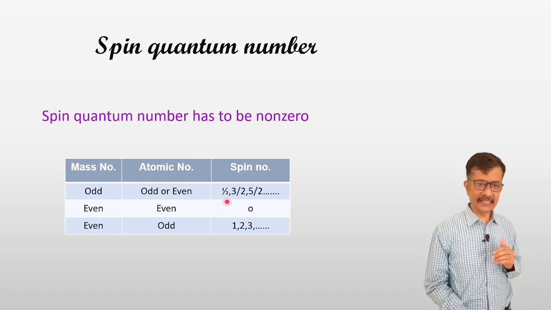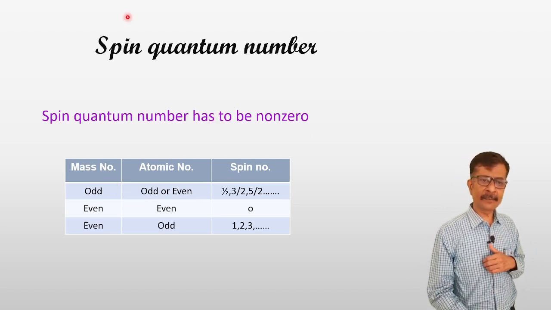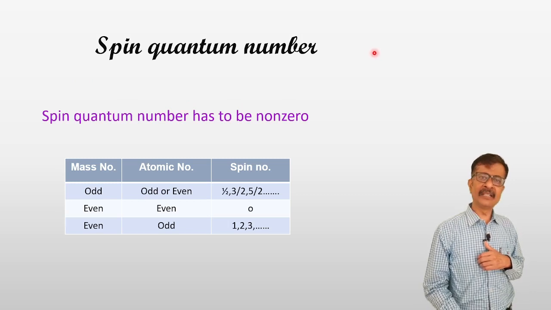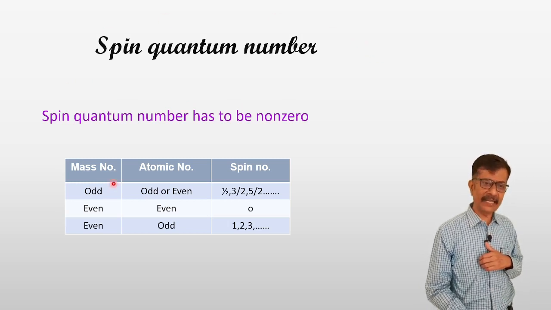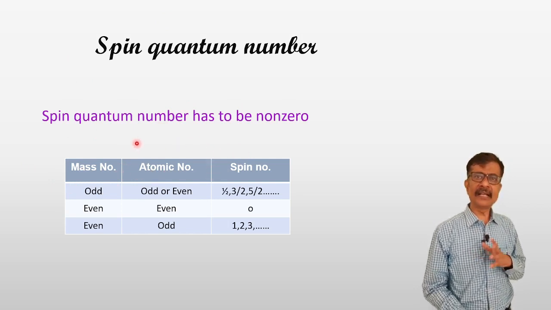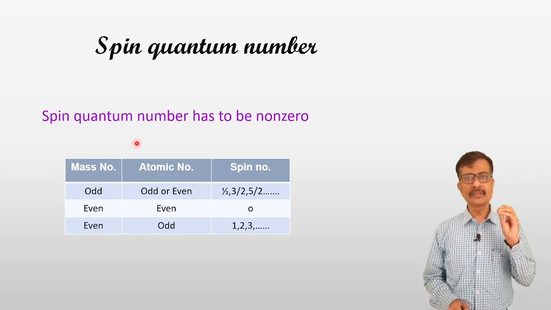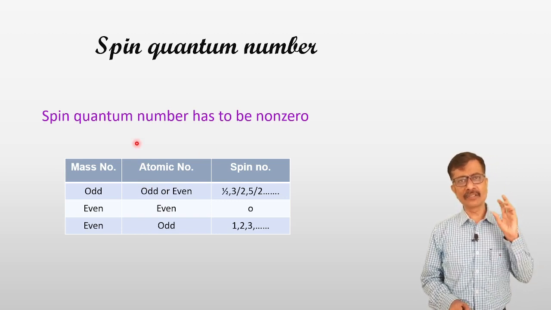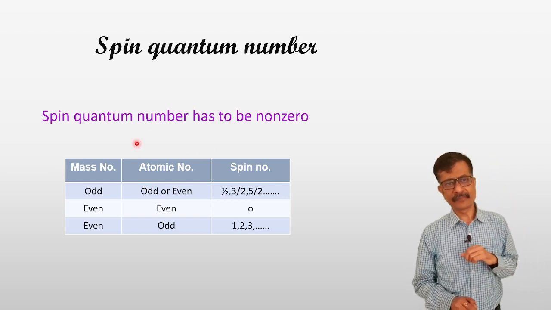Now, the spin quantum number is decided by the mass number and atomic number. What is atomic number? That is the number of protons or number of electrons, because both are equal in number.